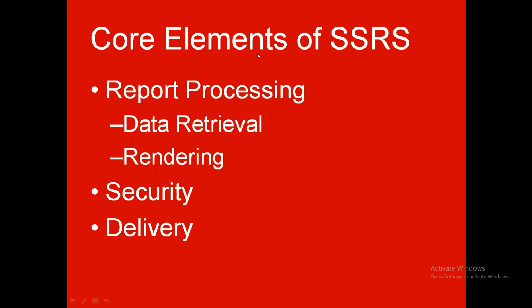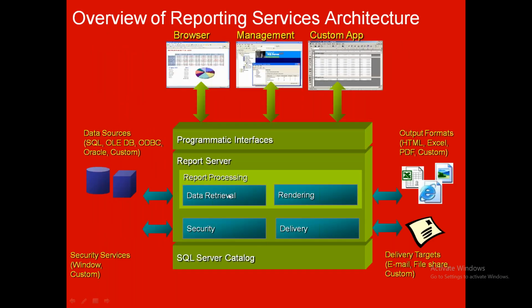So the core elements of SSRS, under report processing, are how to retrieve the data from different sources, how to render the data to the customer, how to apply security, and how to deliver the reports to the customers. So these are the core elements of SSRS, nothing else. Okay. So data retrieval, data rendering, delivery of the report, and security.